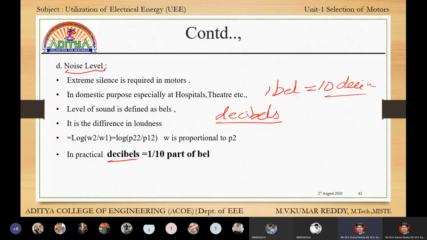Hence, 1 decibel is equal to 1/10th part of a bel. Hence, the bel is a larger unit and the decibel is a smaller unit.